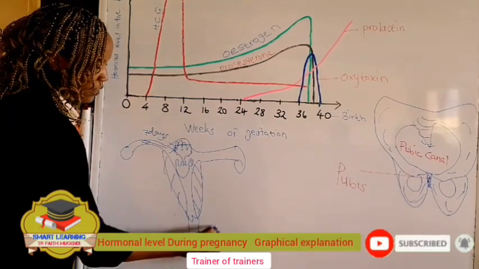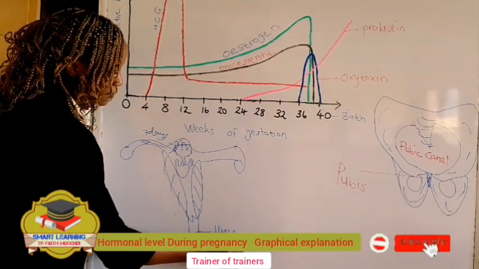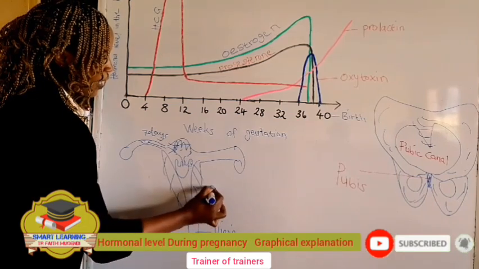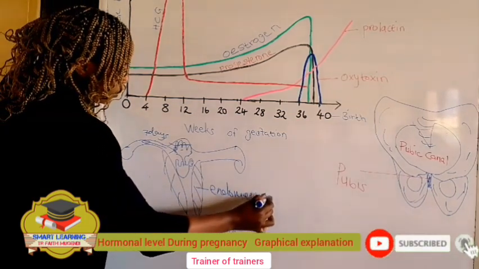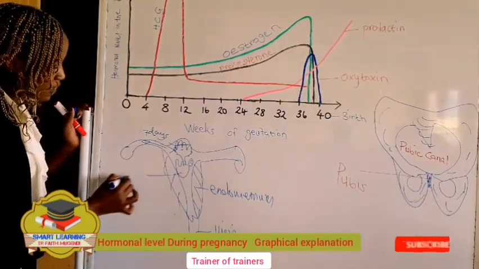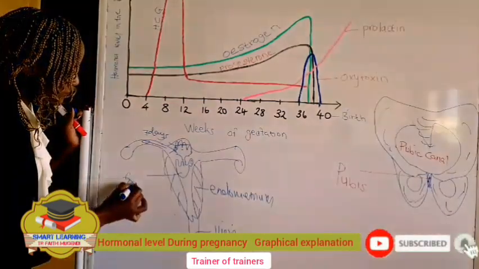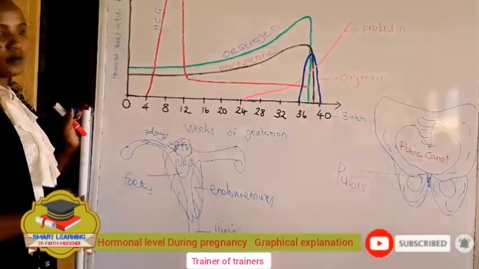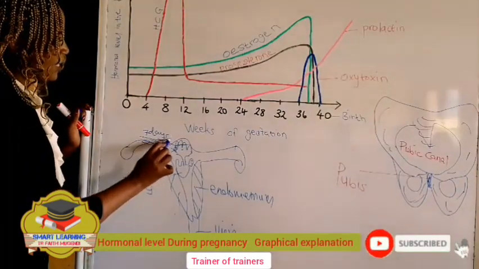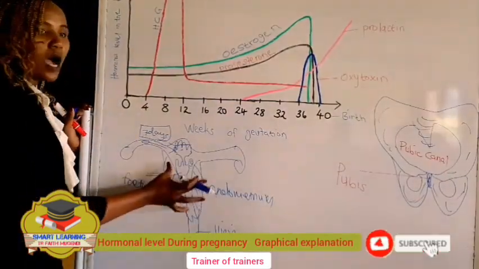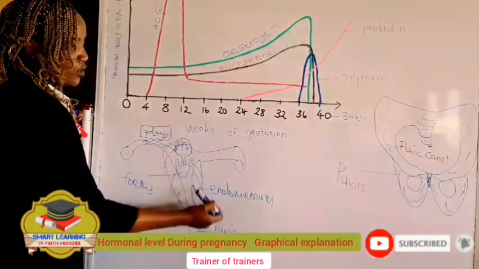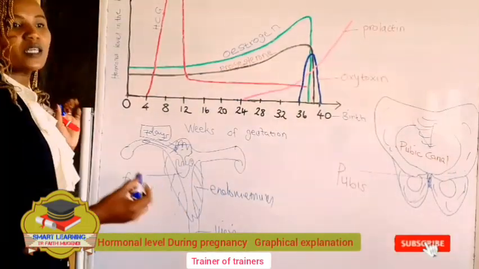This is the vagina. These are the endometrium. And now, assuming this is, forgive my drawing, the fetus. Right? So during the 7 days, how are the walls of the uterus sustained?